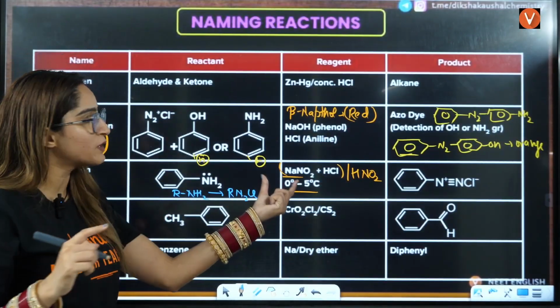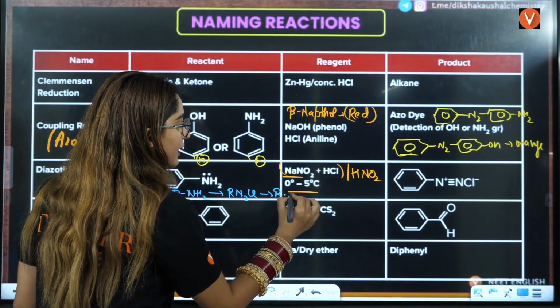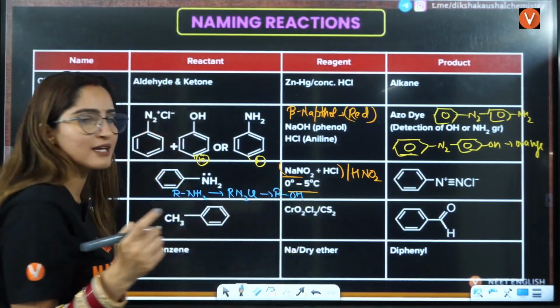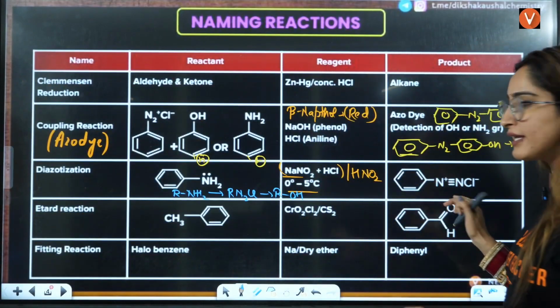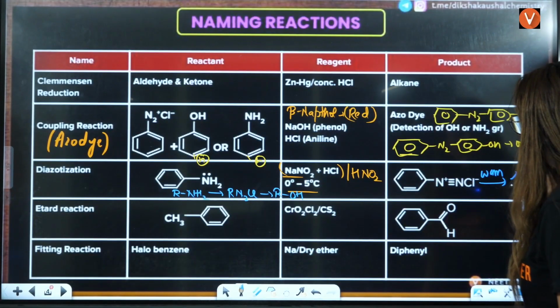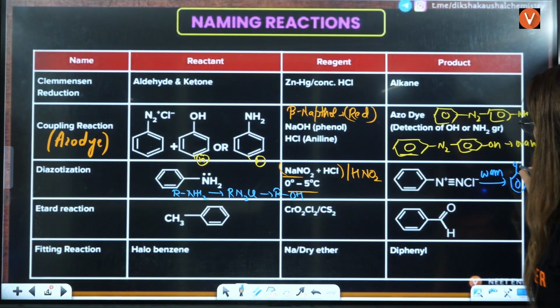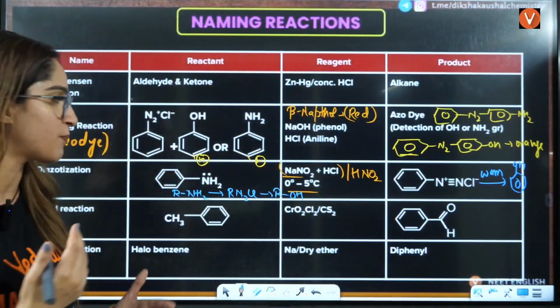In that case, even between 0 to 5 degrees Celsius it is not stable, and it will directly give you ROH, that is alcohol. But the aryl diazonium salt is stable at 0 to 5 degrees Celsius, so you will have to warm it, and only then this N2Cl will be converted to OH, that is phenol. So this is also a preparation step of phenol.